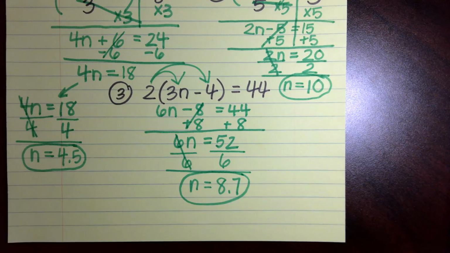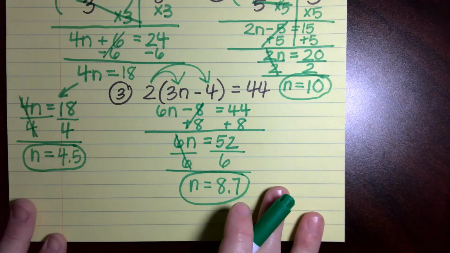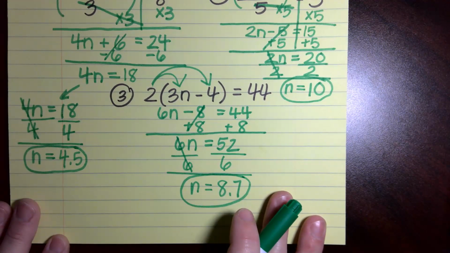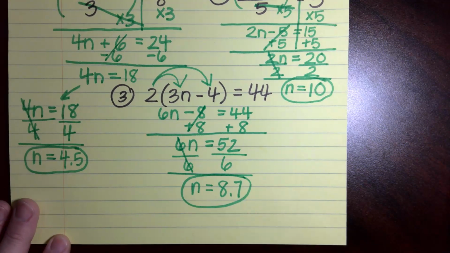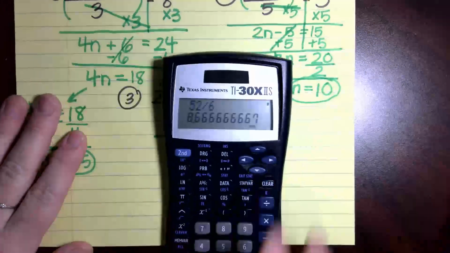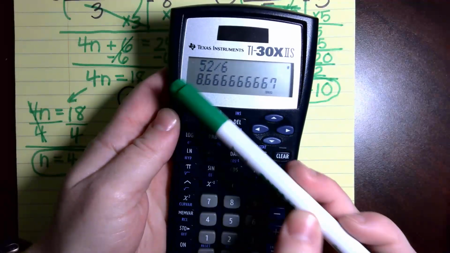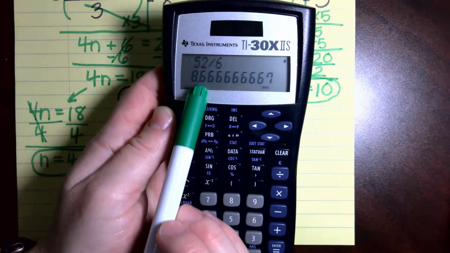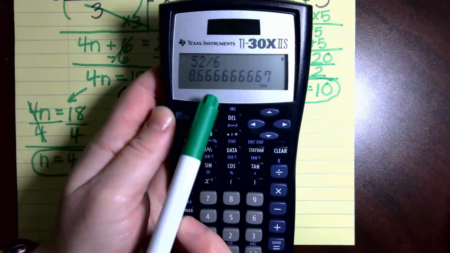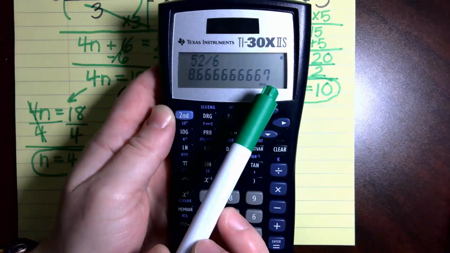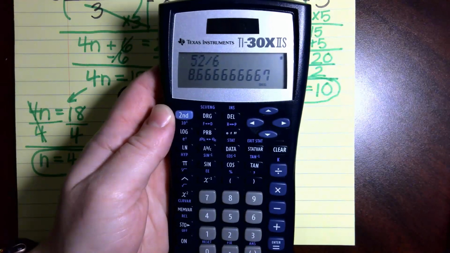Yes, Jenny. Okay, so when you have a big number like that with a lot of digits, do you put 8.6, or do you have to put the 8.7? Let's talk about rounding. If I want to have just one decimal point, if the next digit is 5 or bigger, then we round up to the next number.